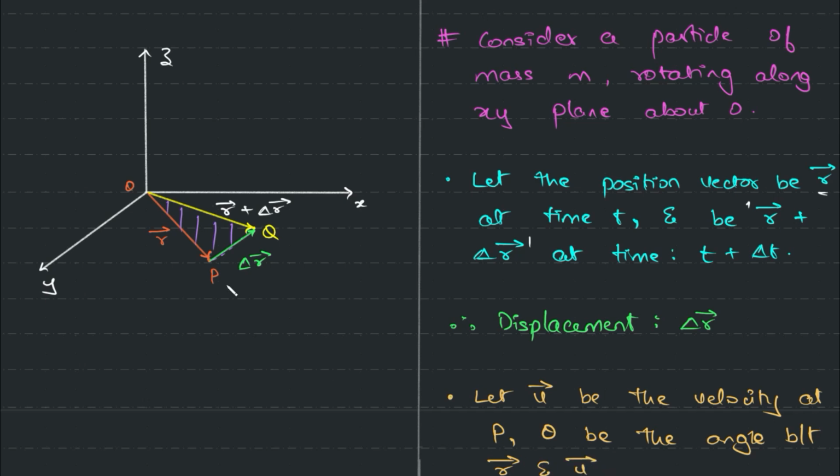Okay, so basically, if I extend this, let me write it over here with this color. If I extend this, don't take it as perpendicular, that is theta. Okay, so that would be theta.